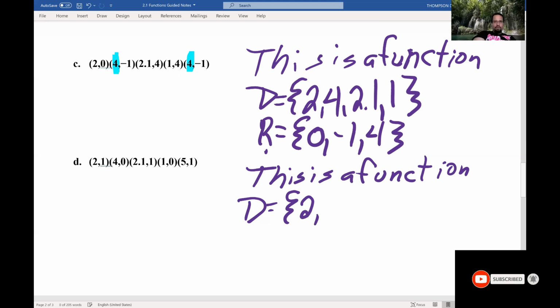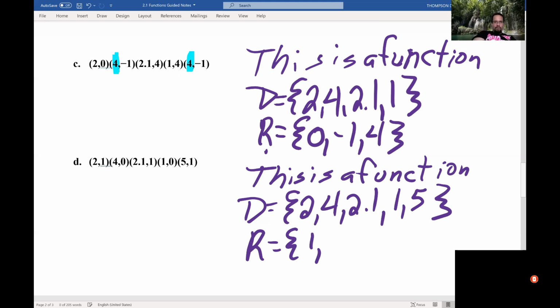So that'd be just 2, 4, 2.1, 1, and 5. Our range will be 1 and 0, 1, 0, and 1. So it's just 1 and 0, and we are done with this example.